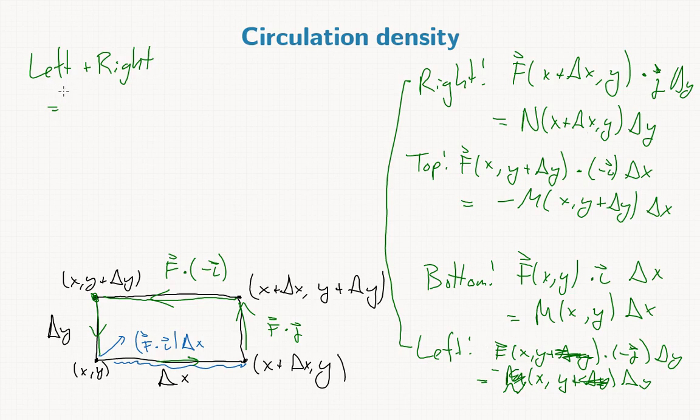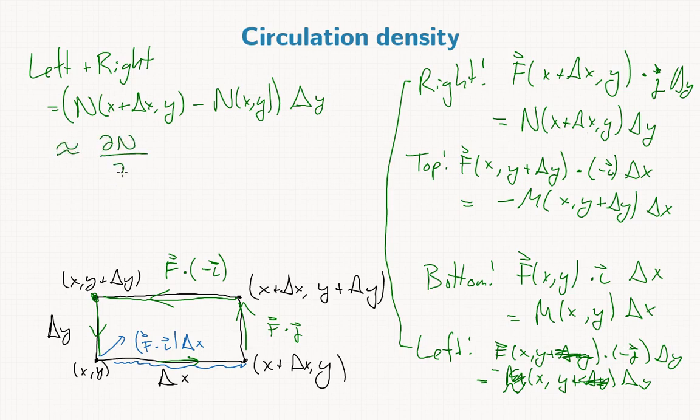Okay, so left plus right is N of (x plus delta x, y) minus N of (x, y), and all of that times delta y. And that is approximately equal to del N by del x times delta x, and then that times delta y.